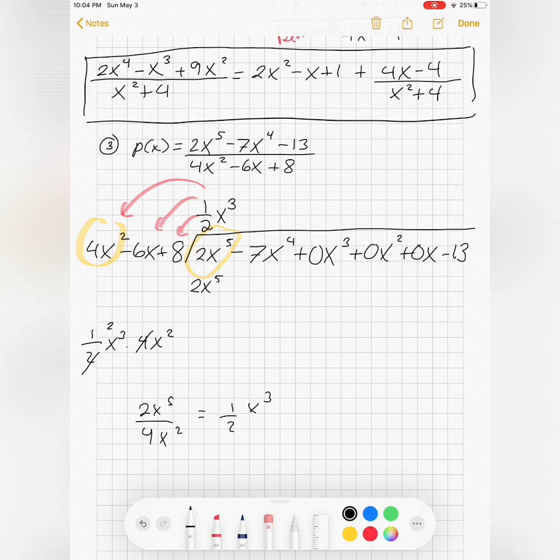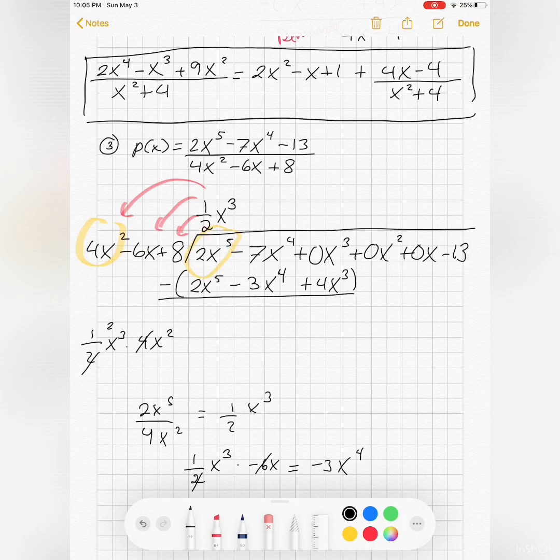Okay, then I have to do a half x cubed times negative 6x. That'd be negative 3x to the 4th. Okay, and then a half times 8, 4x cubed. Subtract.